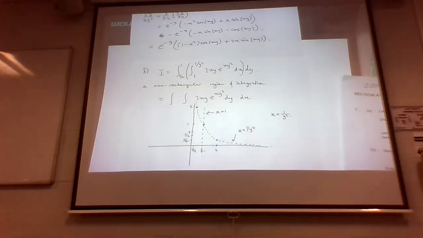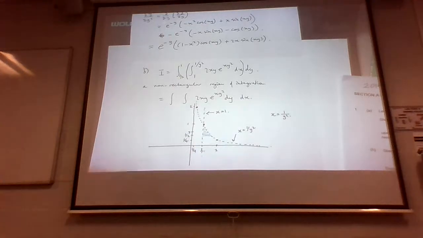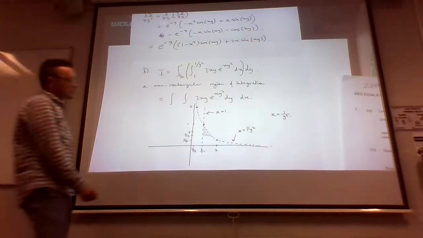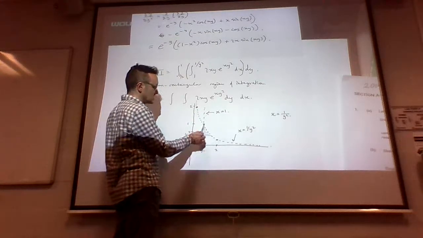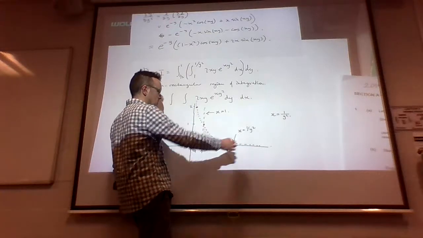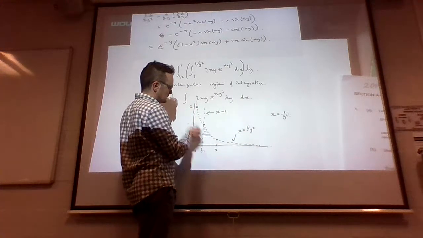So these horizontal strips begin at y equals a half, and they go up to y equals 1. So the region we're talking about is this triangular looking region. It's not a triangle because this hypotenuse type side is curved. It's going to look like this.